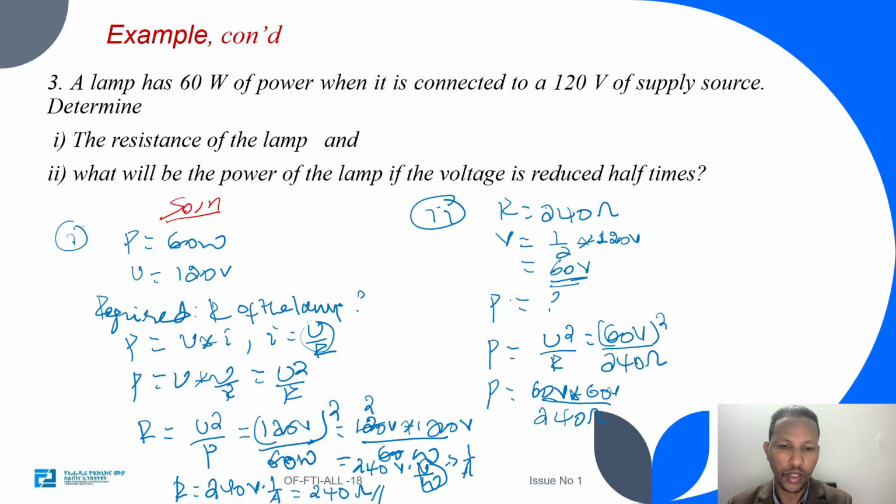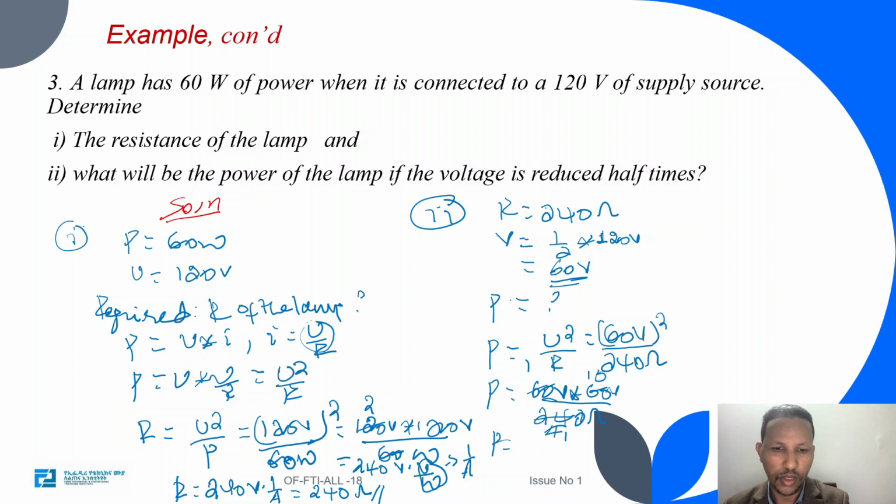This will be cancelled: 240 divided by 60 is 4. So 1 by 4, and 60 by 4 is 15.